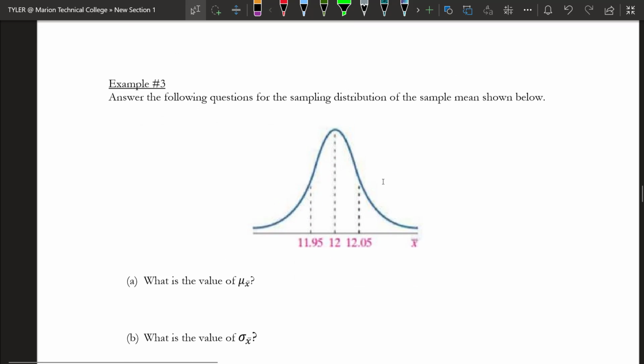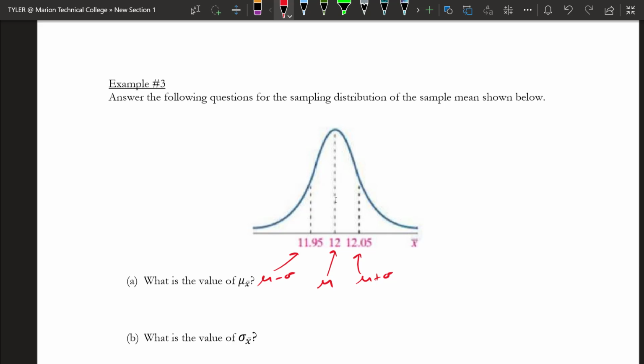So in example 3, we're asked to answer the following questions of the sampling distribution of the sample mean shown below. So I have this graph here of the normal model, and it's labeled here. So again, it's assumed that this is the mean plus 1 standard deviation, and this is the mean minus 1 standard deviation, right?